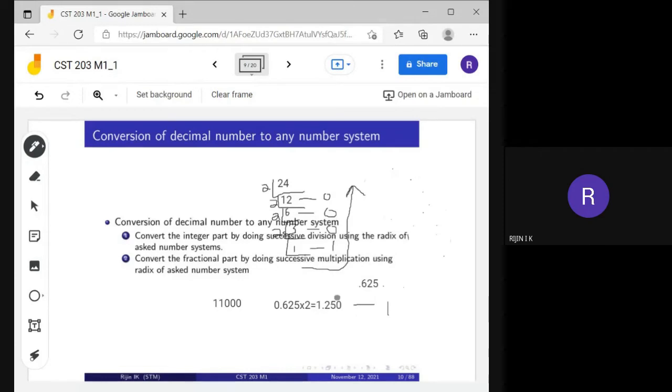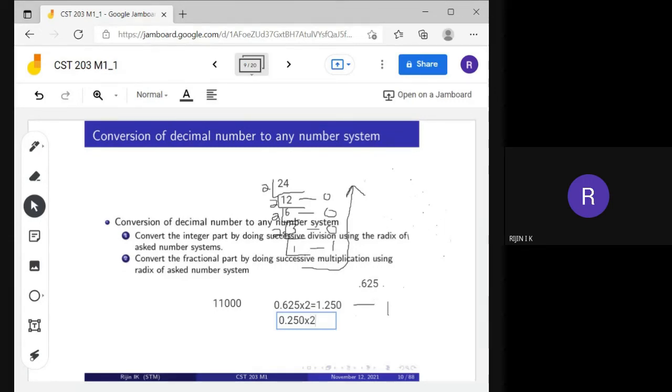Then again perform the multiplication with the fractional part obtained from the previous multiplication operation. Here it is 0.250.